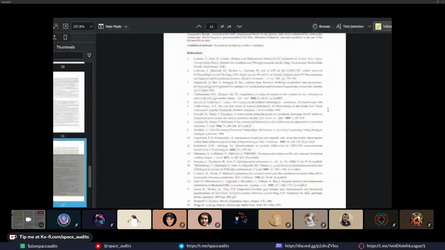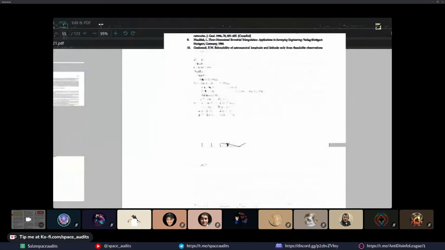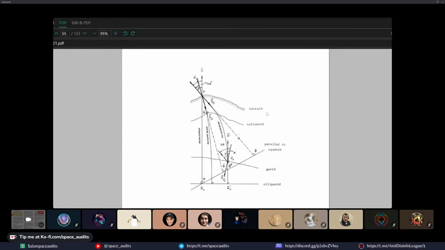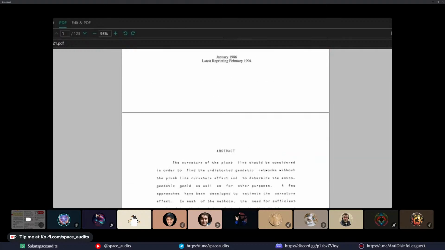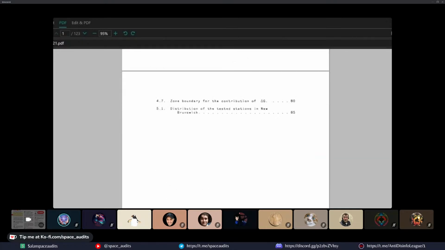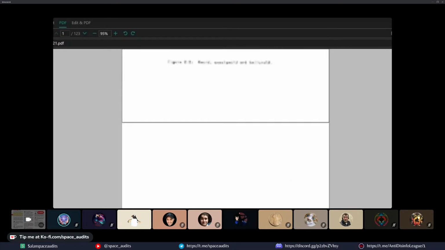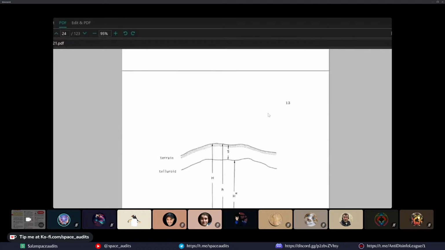On the evidentiary pass, this is another paper that has a wonderful diagram of the deflection of the vertical, and we'll take a look at the evaluation of the plumb line curvature effect on the deflection of the vertical. Pretty useful paper, right on point, goes through exactly what we're talking about, and it has his model here, I think. So yeah, I was talking about the terrain, the telluroid, the geoid, the quasi-geoid, the ellipsoid.